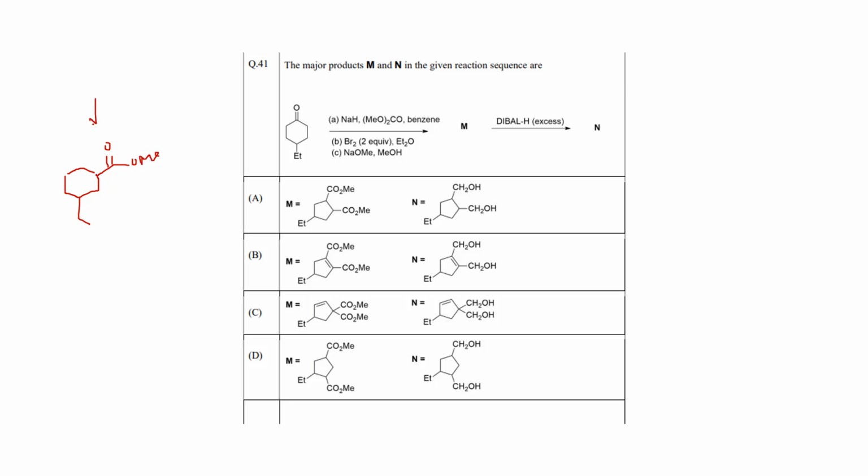This is after step A. We will get this alpha keto ester. After that, if you add bromine and ether, this hydrogen is highly acidic, so it gets substituted by a bromine. This is after step B.